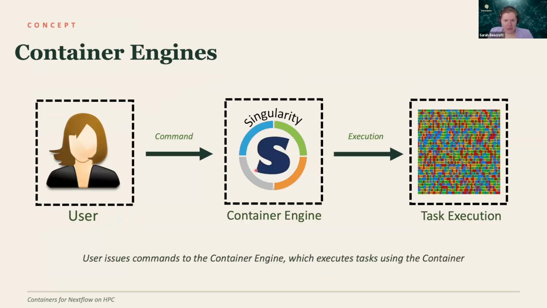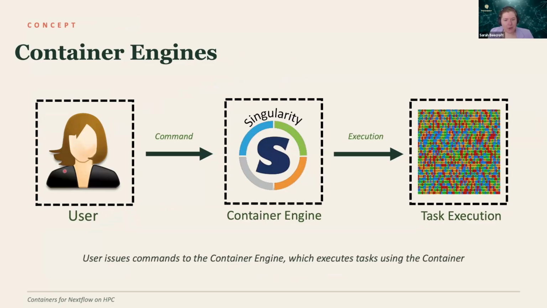And when you do this, you don't just speak directly to the container as such. You need to go through this middle layer called a container engine. There's a bunch of these around. It's a type of software.